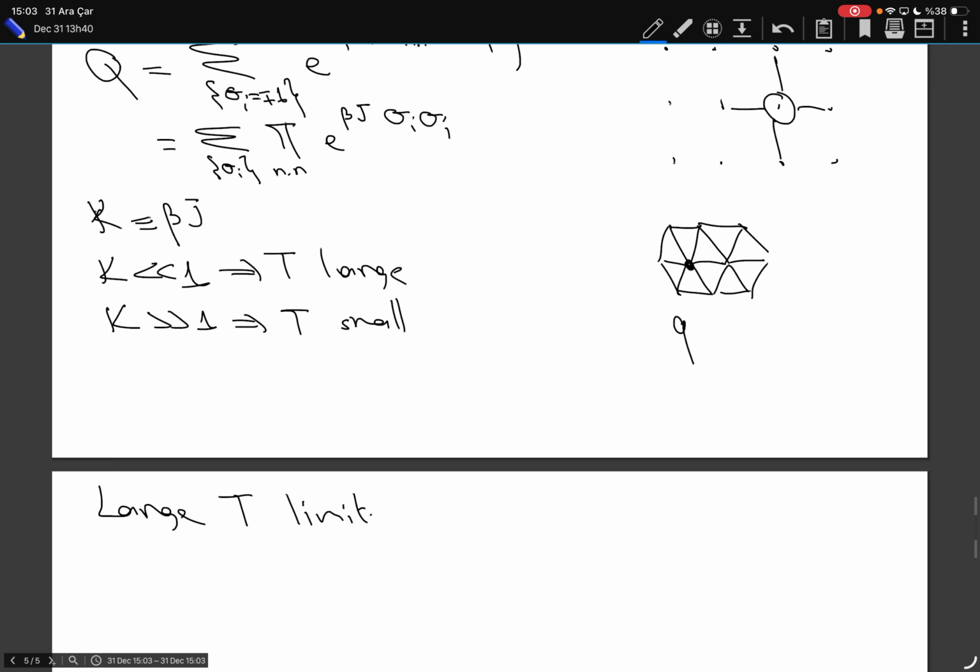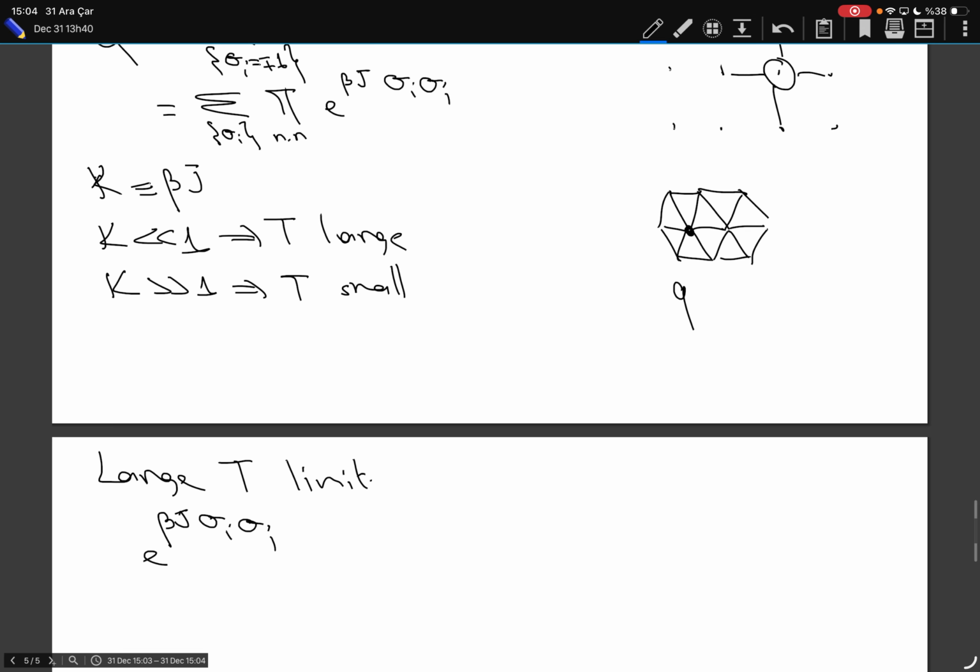Now first let me look at this number. Sigma i sigma j can be plus or minus 1. Those are the only two options for sigma i sigma j. So this number is equal to e to the power beta J if sigma i sigma j is equal to 1.